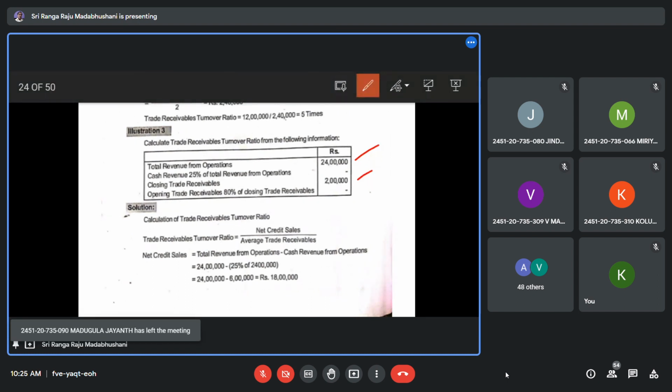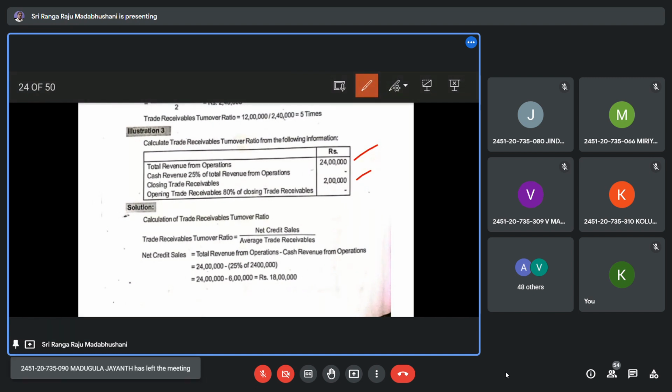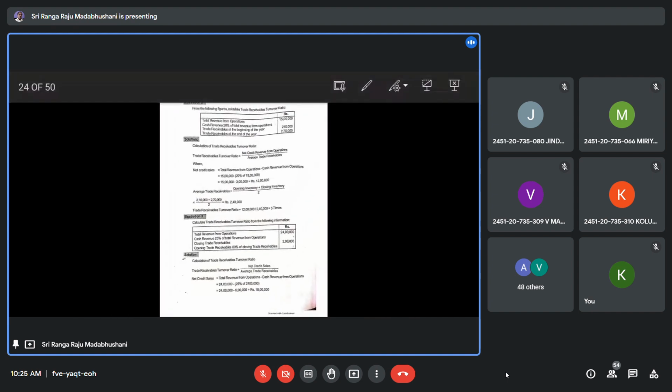So net sales is total sales minus 25% cash sales, that is 18 lakhs.